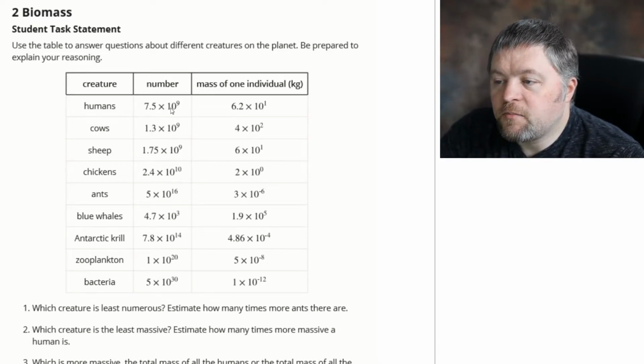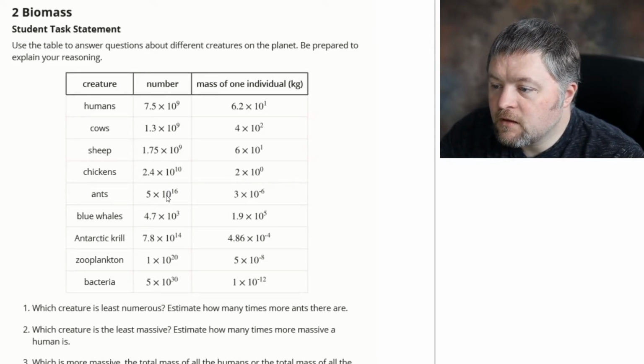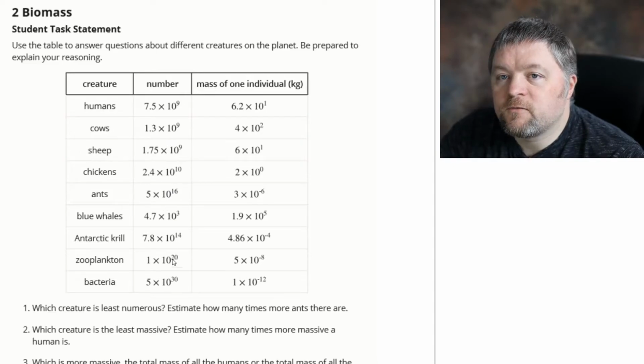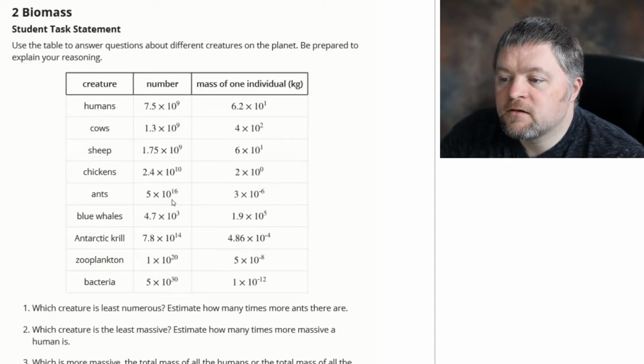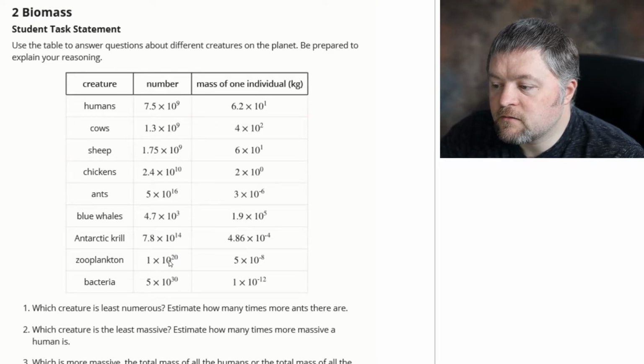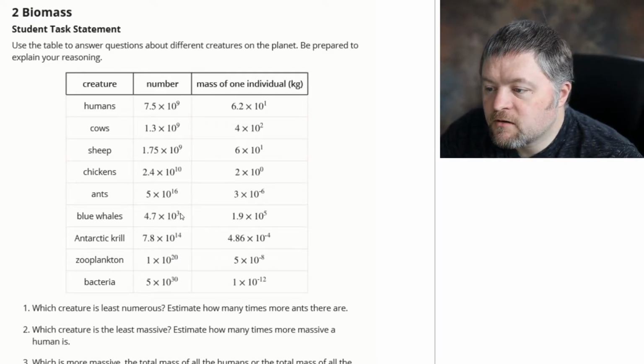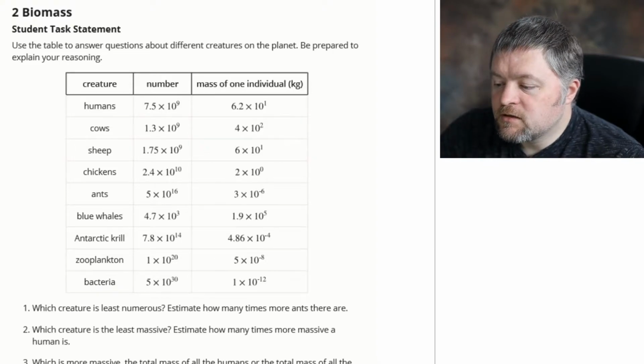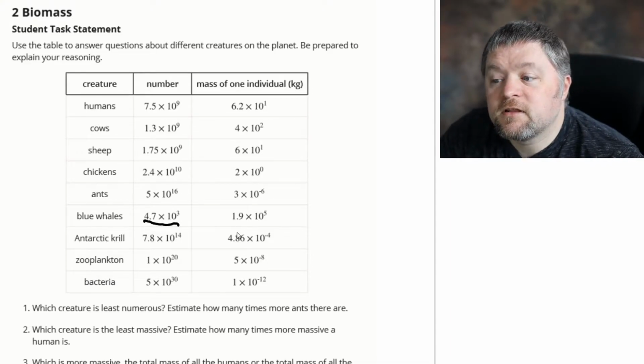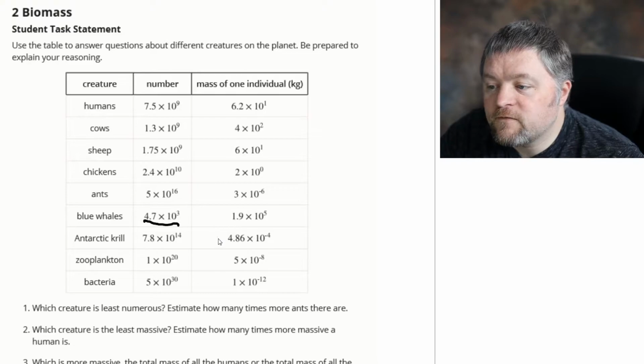These are all positive exponents, which means they're all making the number bigger. So we want to look for the smallest number. The smallest number exponent looks to be blue whales. So the creature on here that there are the fewest of is blue whales.